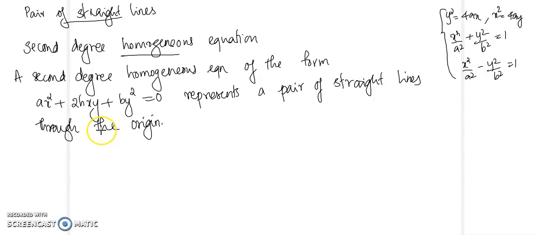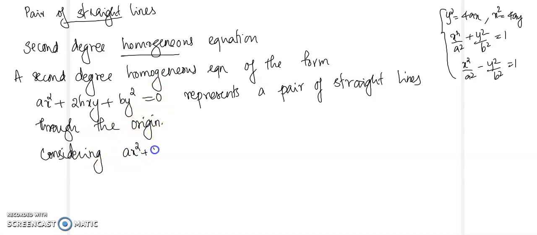So considering this as a quadratic equation in x, and if a is not equal to 0, let us find out what are these pair of straight lines.